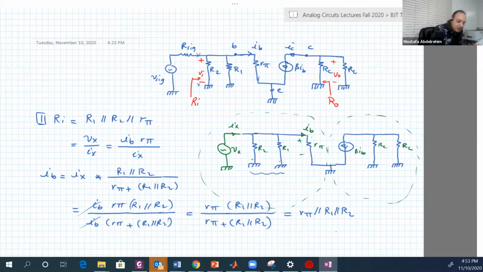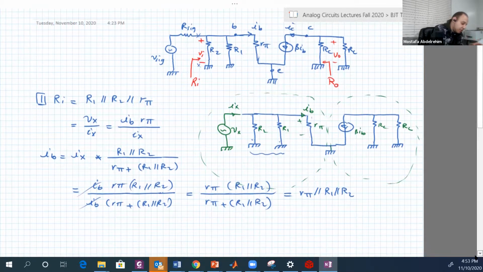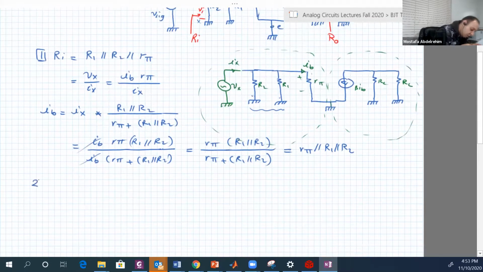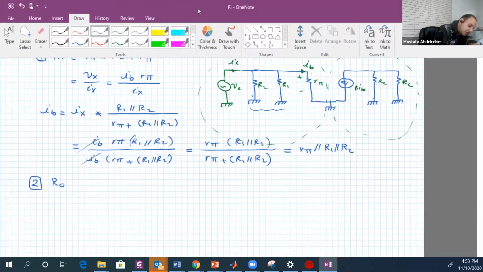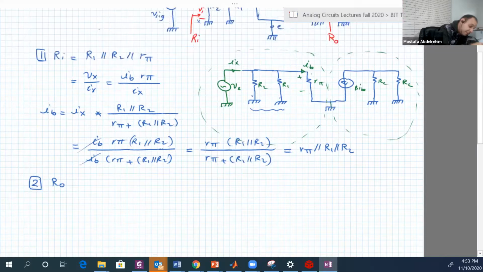Again, it's very clear without Vx or Ix or whatever. Now RO. For RO, we look after the source, from this location, just not to mess up. So we do not draw our load.